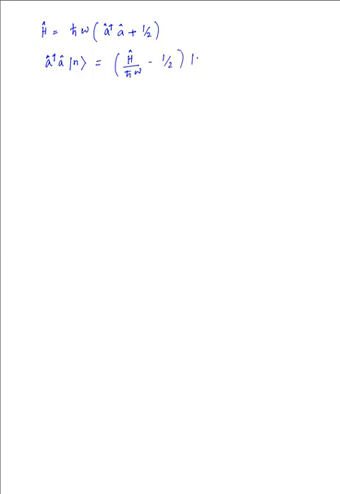We need not care about the minus half because that's just a number, it's not operating on anything, so that will give us n plus 1 n, and that's because of the creation operator acting on it.